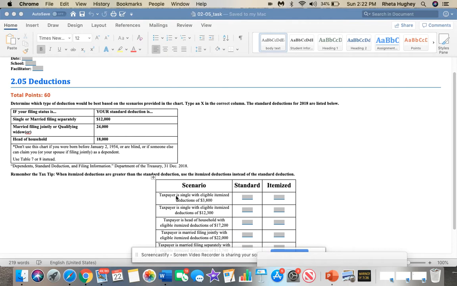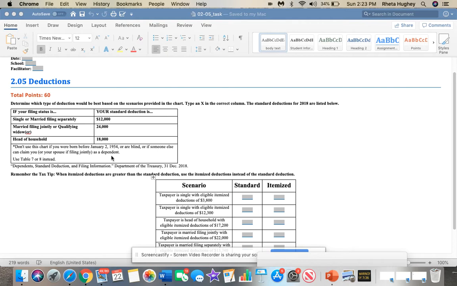You see the scenario says taxpayer is single with eligible itemized deductions of $3,800. If your itemized deductions are greater than the standard deduction, then you would itemize them. But you see right here, the amount of deductions that this taxpayer has is $3,800.